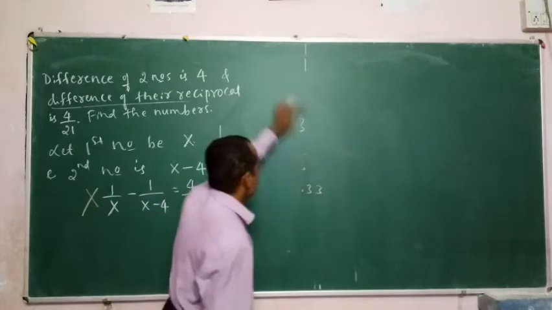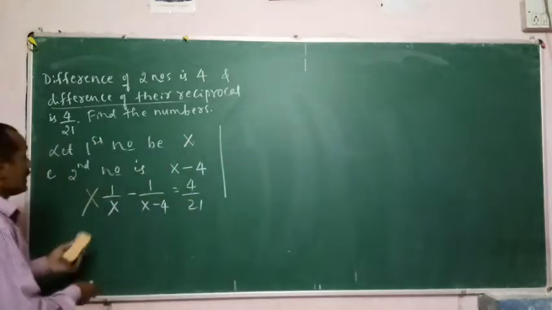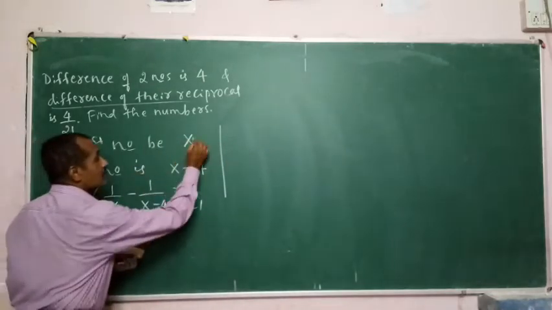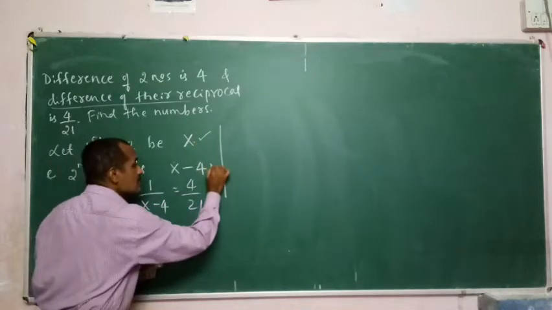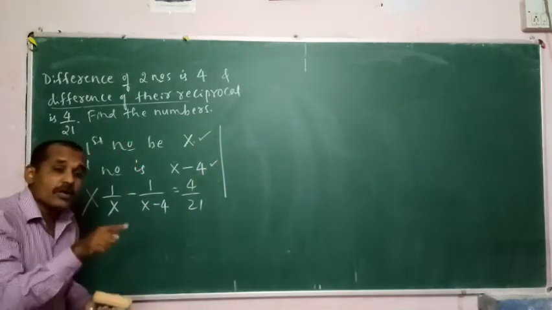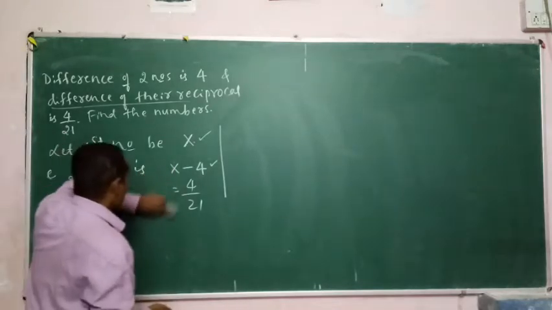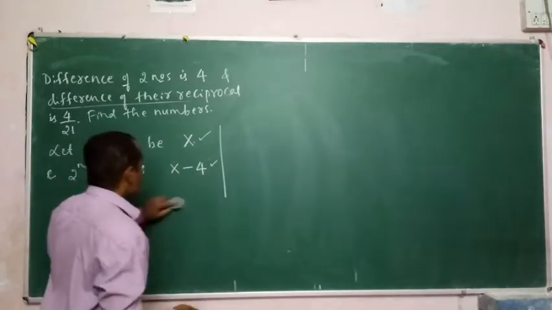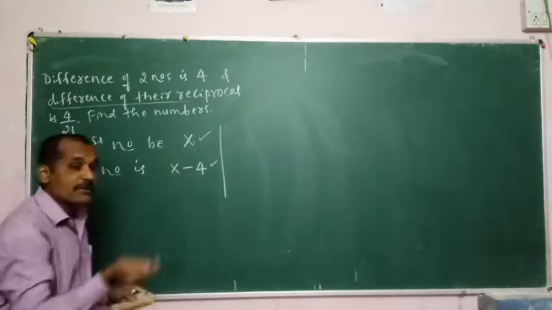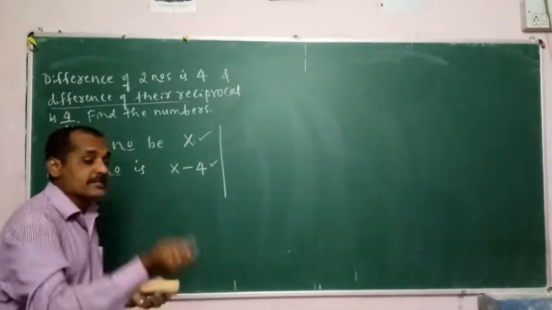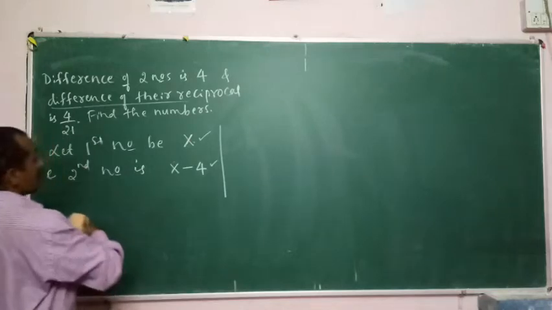Okay, now come on. Then see, x is greater and this is smaller. The number which is smaller, its reciprocal is always greater. That means this point is to be noticed: out of those two, the number which is smaller, its reciprocal is always greater. So, difference of the reciprocals.